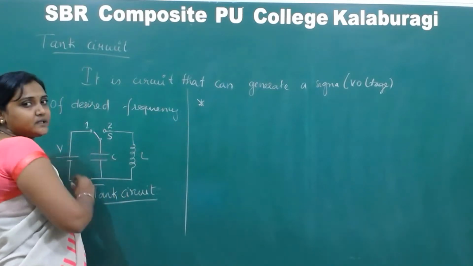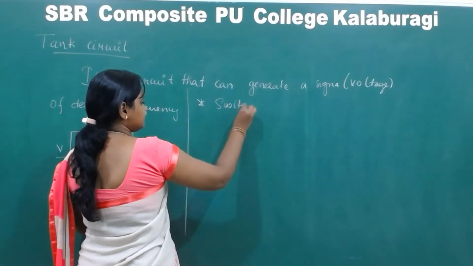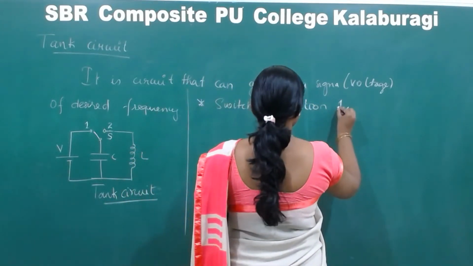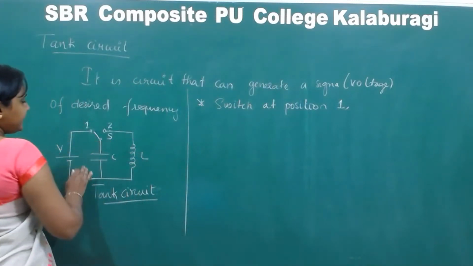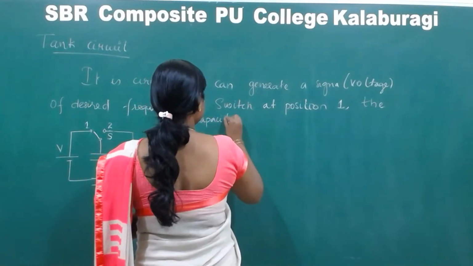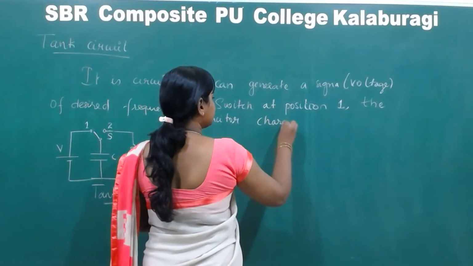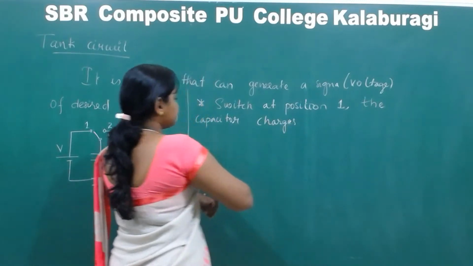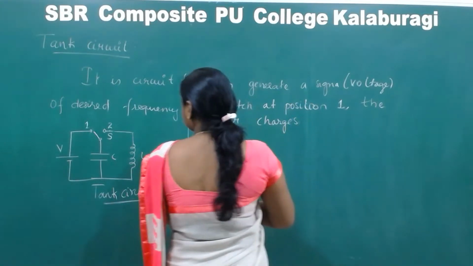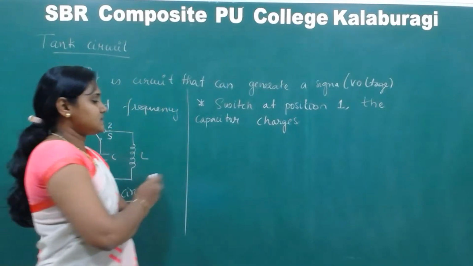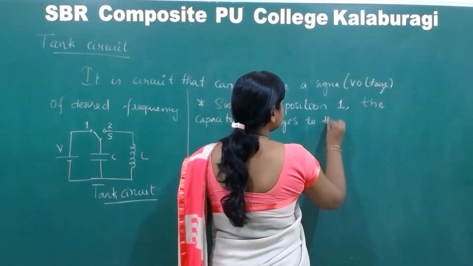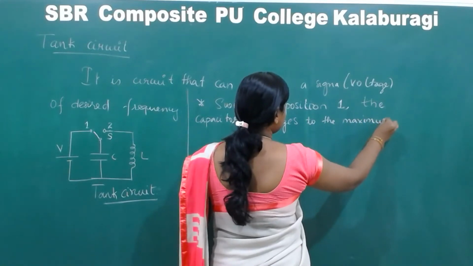Now the operation of this tank circuit, what all happens? Initially, when the switch is thrown to position 1, the capacitor charges to its maximum value.